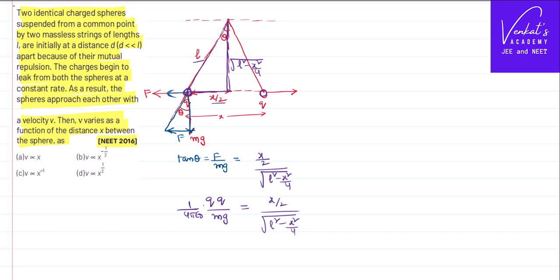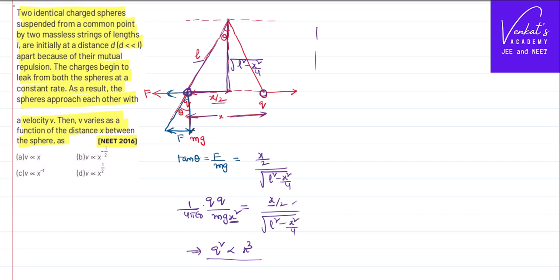Force of repulsion is 1 by 4 pi epsilon naught q1 q2 by separation square. Separation is x, so x square is also there. Taking all the other terms as constants, from here you can write q square is directly proportional to x cube, because there is an x square and there is another x. This x square, when it goes to the other side, directly becomes x cube.